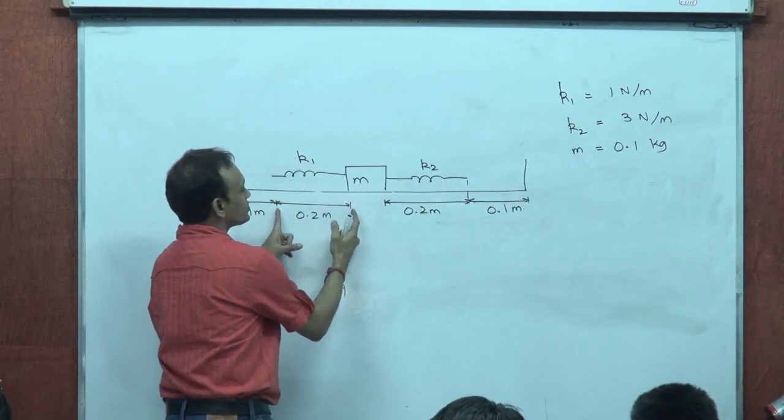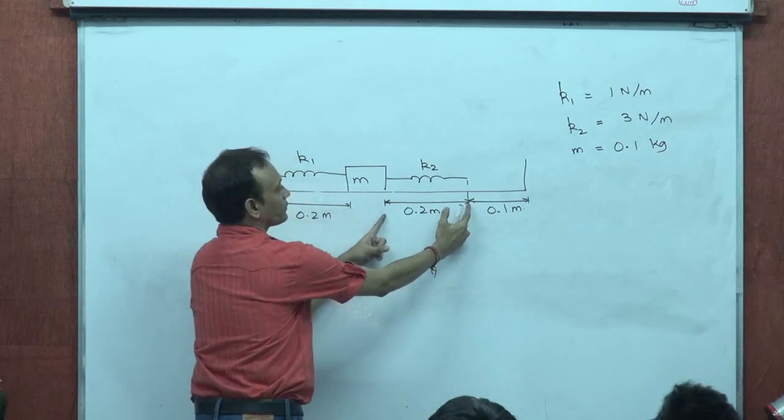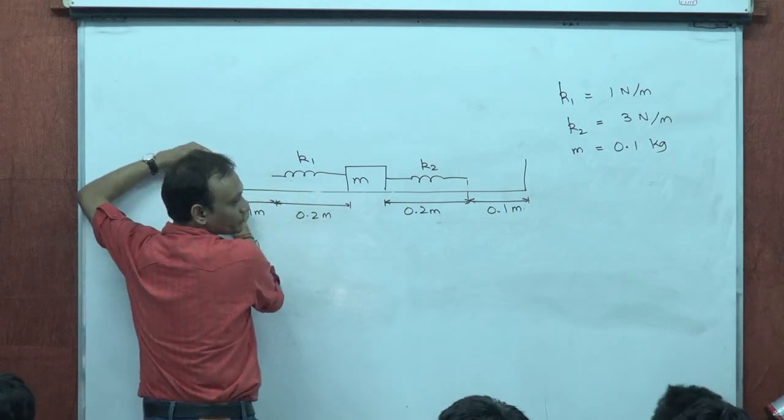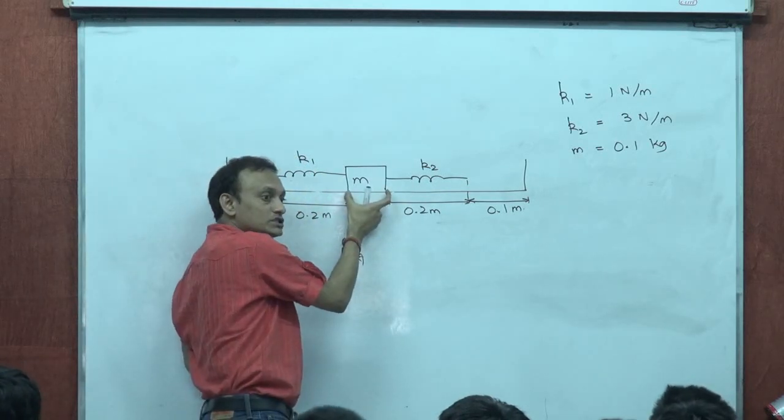So these are two springs of length 0.2 meters each, and we want to connect this end to this end to this, and we want to find the equilibrium position of the mass m.